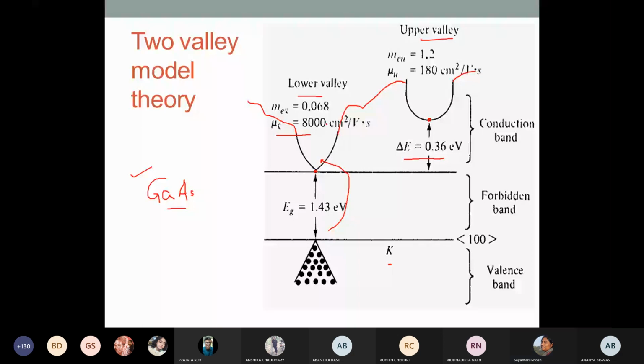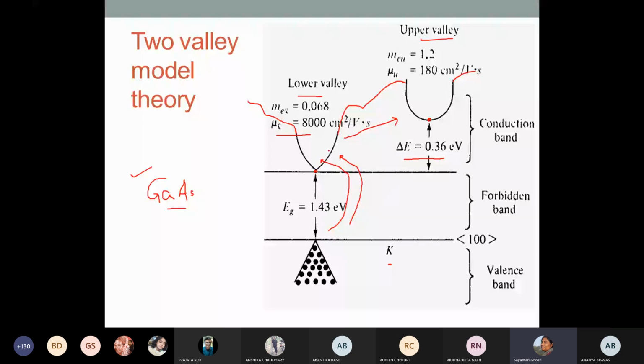Now this valley gets populated gradually as you go on increasing the energy. More and more electrons jump from here to there, and this lower valley gets populated. But as I have already mentioned, we are working with hot electrons now, electrons with higher energy. So if you keep applying more and more energy to the system, then an inter-valley transition between these two valleys starts occurring.